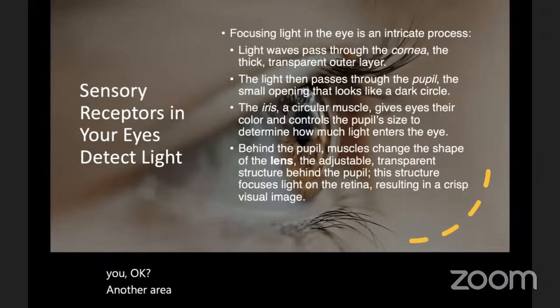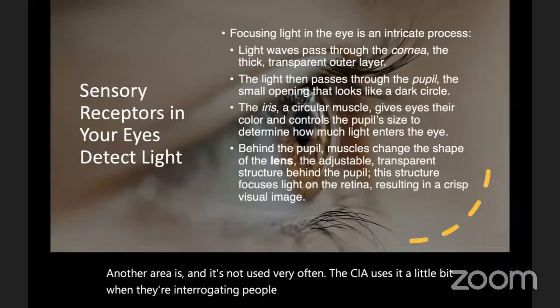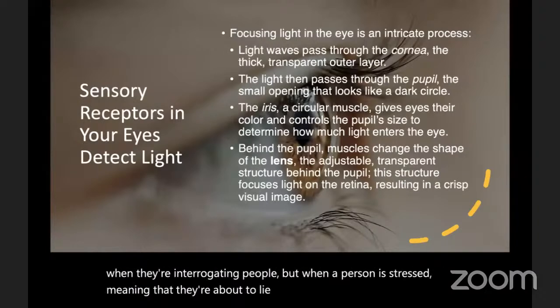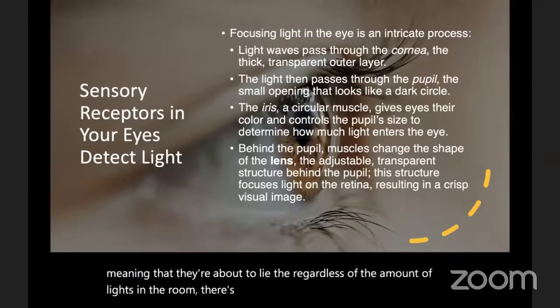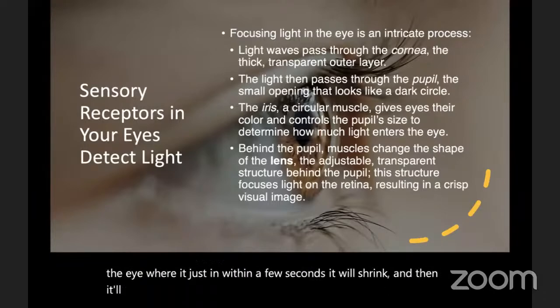Another area is, and it's not used very often, the CIA uses it a little bit when they're interrogating people, but when a person is stressed, meaning that they're about to lie, regardless of the amount of light in the room, there's what's called a micro burst in the pupil of the eye, where just within a few seconds it will shrink and then it will dilate again.